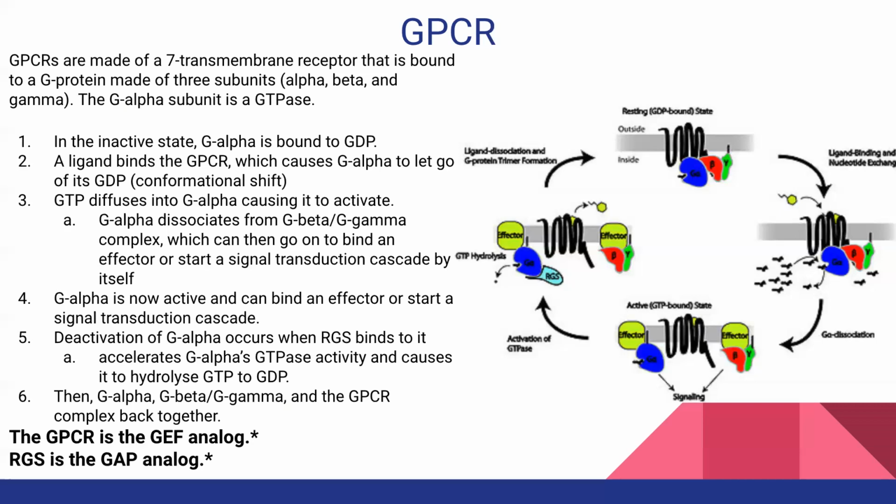Yeah, so RAS is from the same family as RAN. So we have GAP and GEF that help RAN do its work, right? They don't do the hydrolysis of GTP to GDP themselves. They just help that.